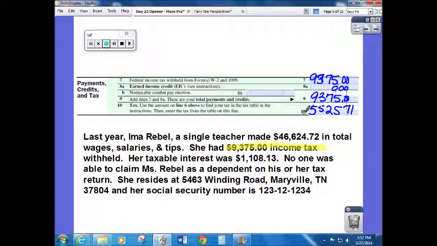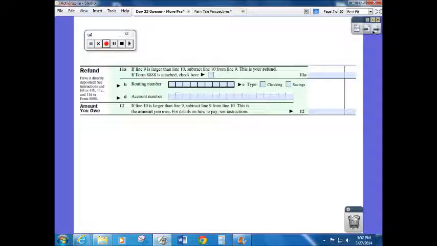Okay, so what it looks like is we've paid in a little better than $9,000, and our tax liability is $5,500. And so what are we going to do? Are we going to have to pay, or are we going to get a refund here on April 15th? Looks like we're going to get a refund. So since line 9 is larger than line 10, we're going to subtract line 10 from line 9, which comes to $3,849.29.